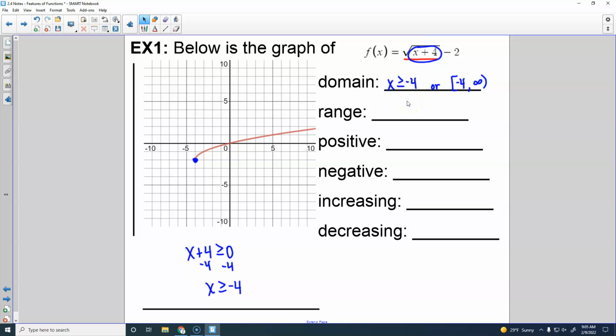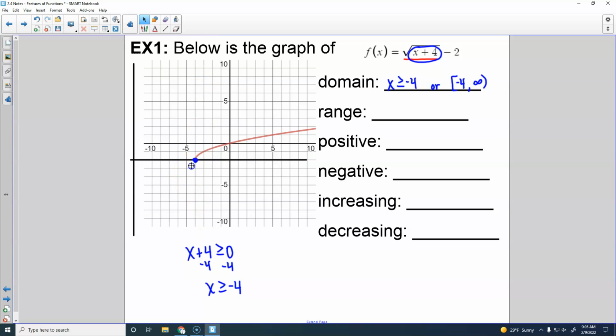Our range, okay? Our range is our possible y values. So if I look at the graph here, I can see that right here is my very lowest y coordinate on this graph, right? And it is at -2. Everywhere up from here, I'm going to have something. Even up here, it looks like I don't have a graph, but this graph is going to continue climbing, although kind of slowly, until eventually it's going to hit that line, no matter how high it is.